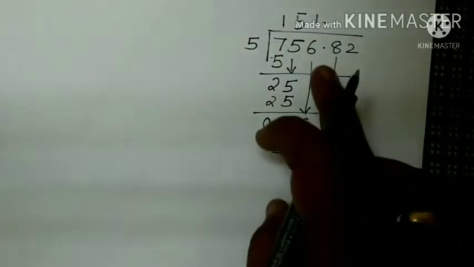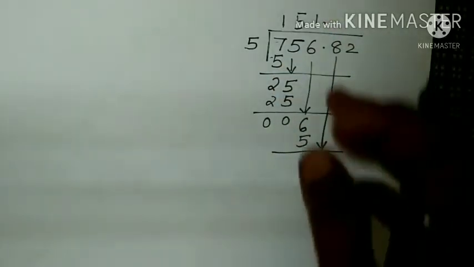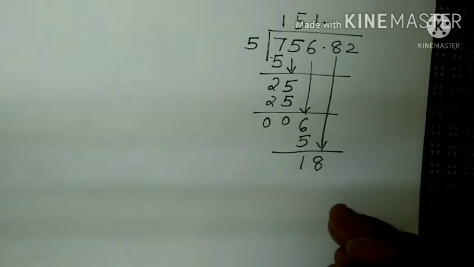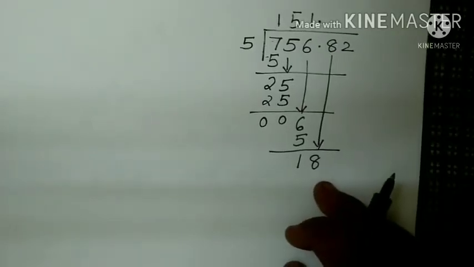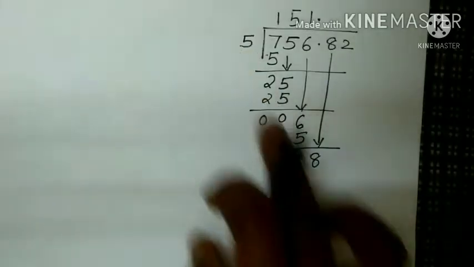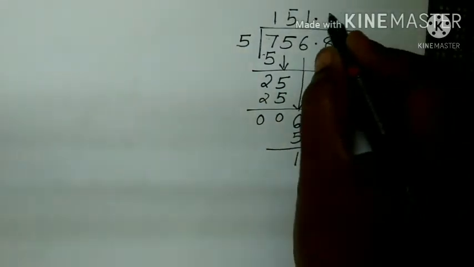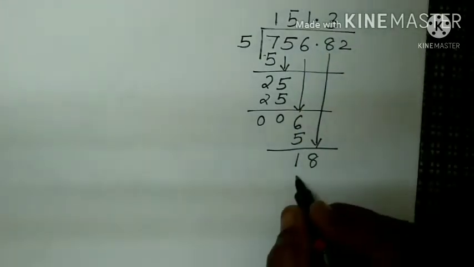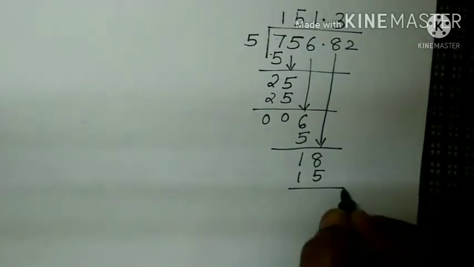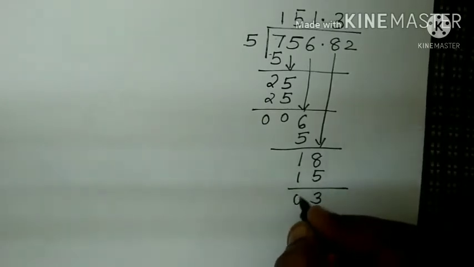When we are doing the decimals, put the decimal point in the quotient and bring down the next place. So here the number is 18. So how many times 5 is in 18? That is 3 times. 3 5s are 15. So balance 3. 1 minus 1, 0.